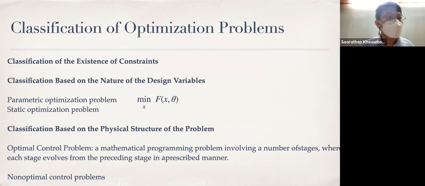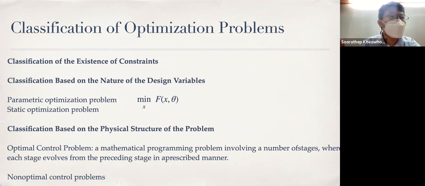And we can classify based on the nature of the design variable. It can be parametric or deterministic, static optimization problem. And what else? Classification based on the physical structure of the problem.